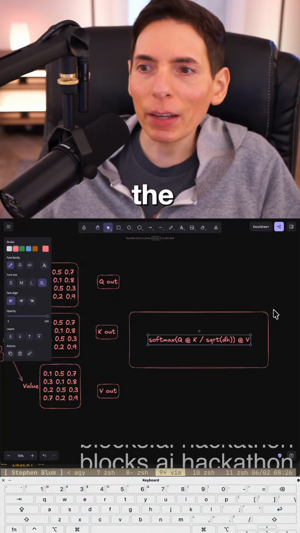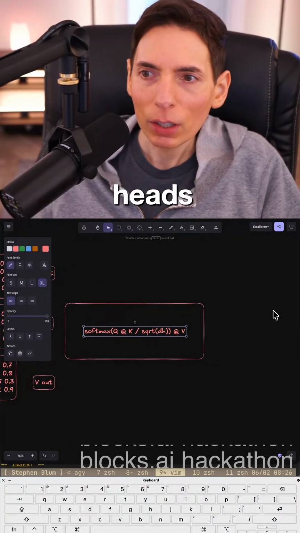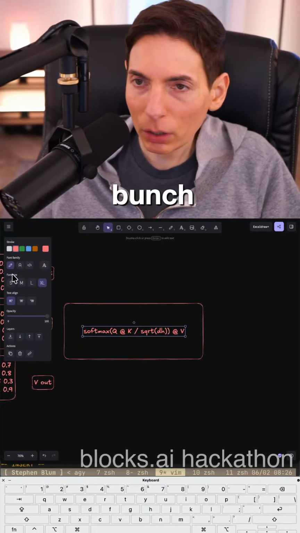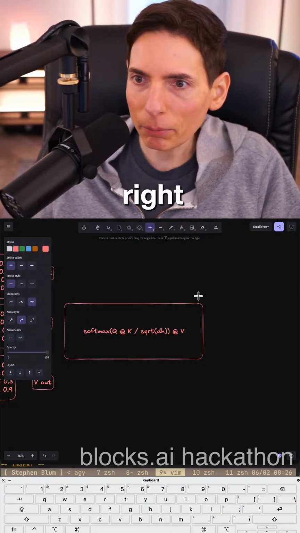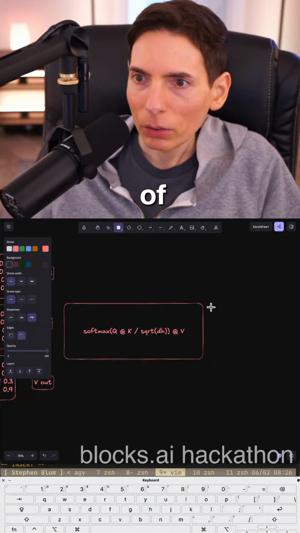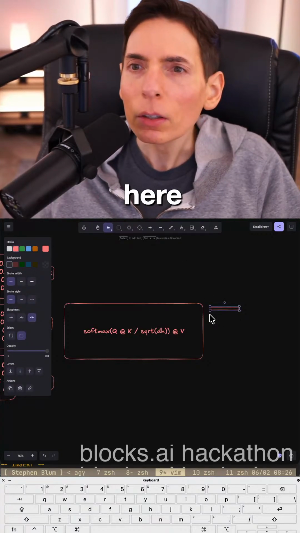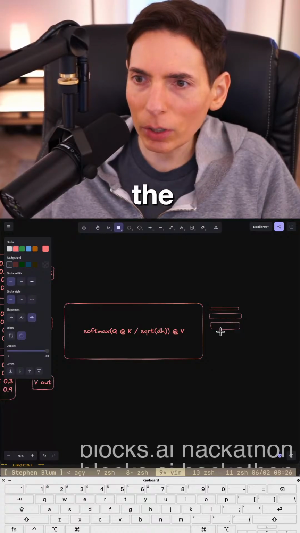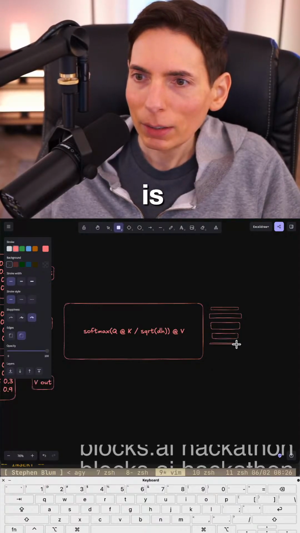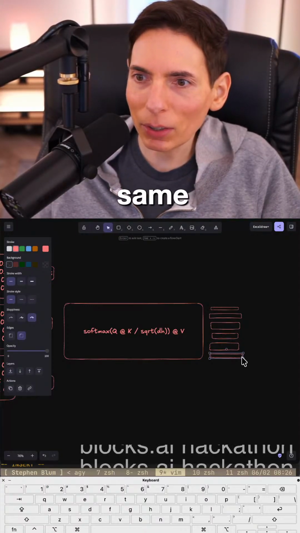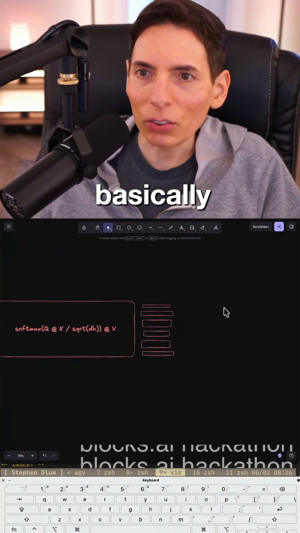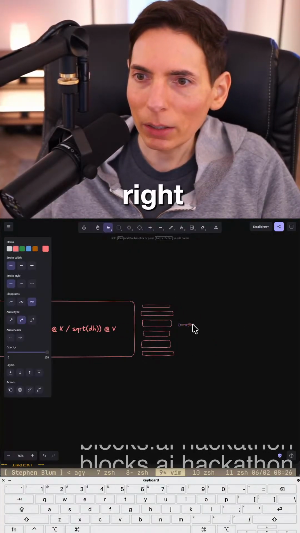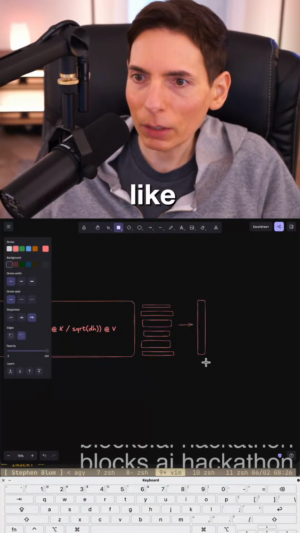And then for each of the outputs, if we have multiple heads, it's going to give us a bunch of smaller matrices, right? That is number 2, a bunch of small matrices. They're all the same size, but my drawing is going to make it look like they're not. Then we stack or concatenate them into one big matrix, like this.